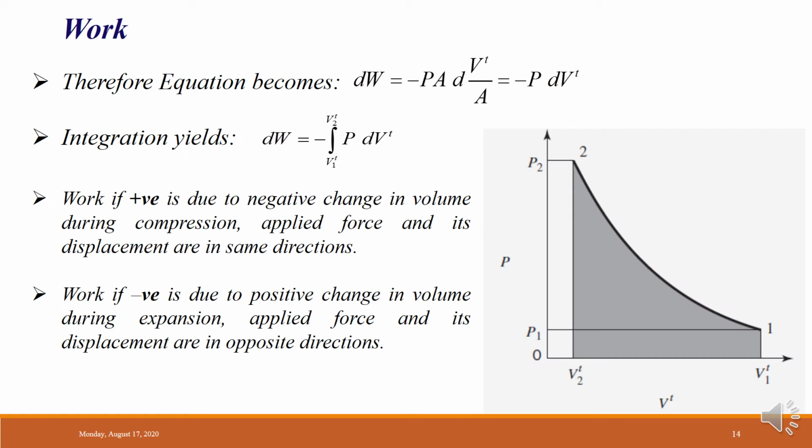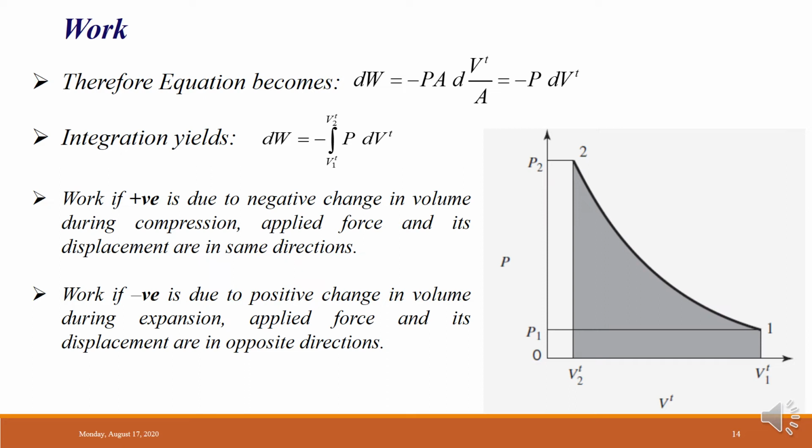So here if you see, the equation will be dW is equal to minus PA. Minus PA is what? It is force F, right? P is Newton per meter square, so multiply by area. So it is force into d of V superscript t, that is total volume, superscript t indicates total here, divided by area.